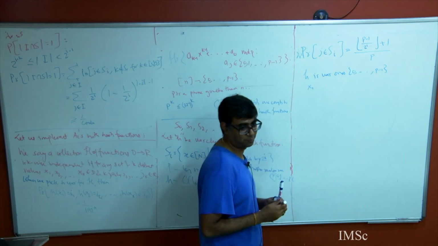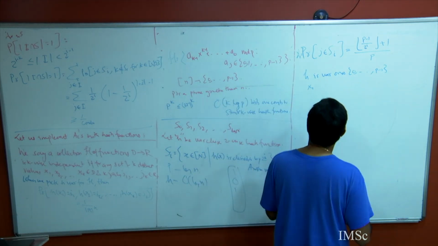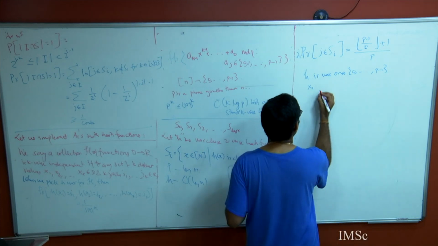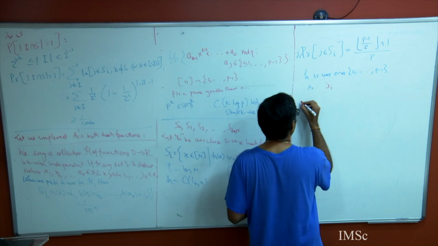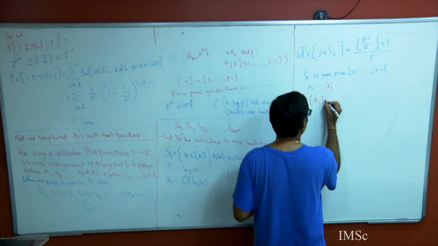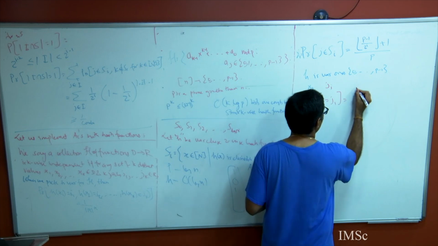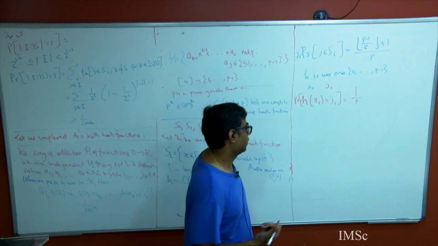If you do not know this property, then you will have a hard time using hash functions ever in life. Suppose you fix j1. What should I show? The probability that h of x1 is equal to j1 is equal to 1 over p. This is what I need to show.